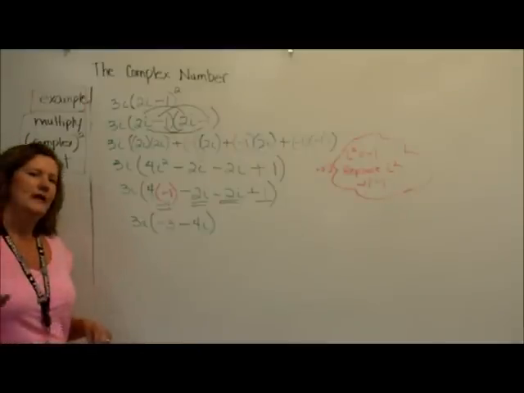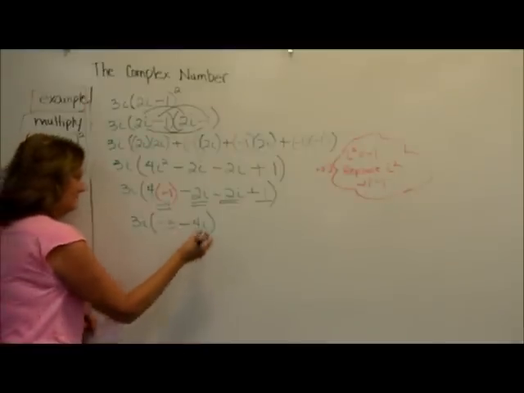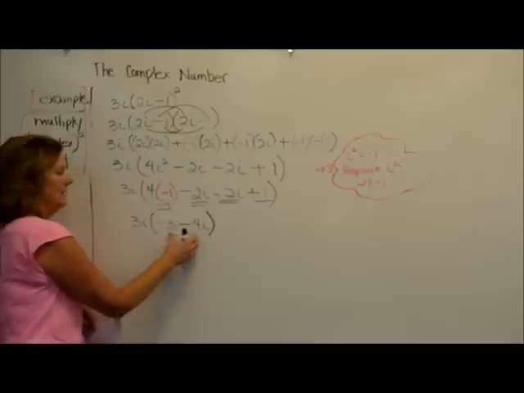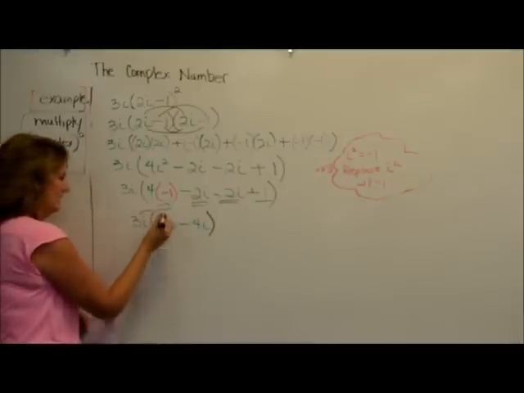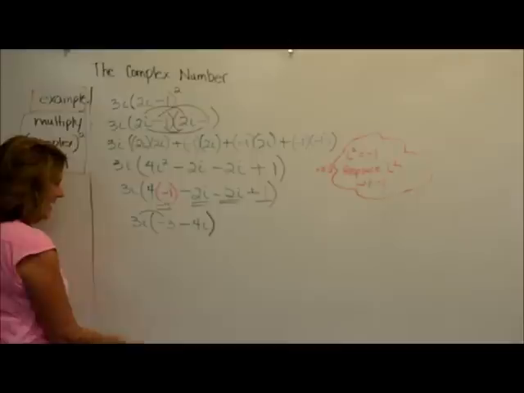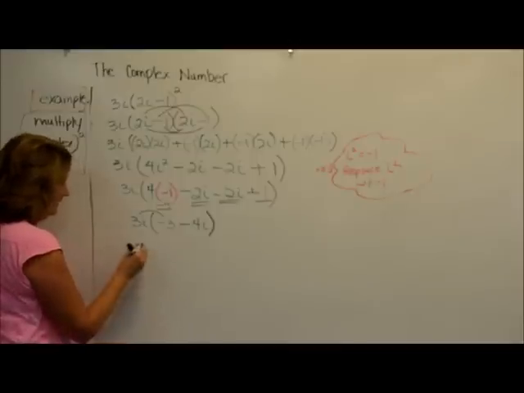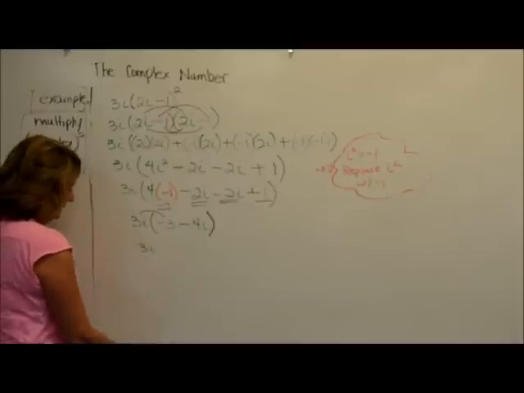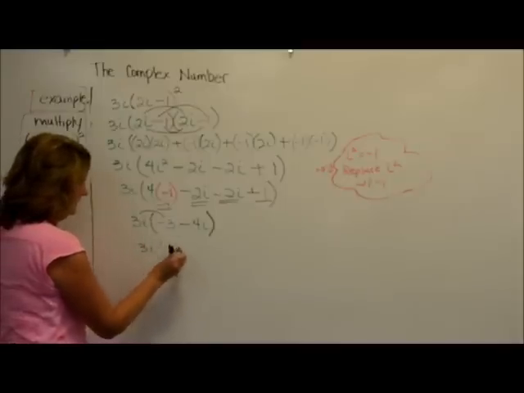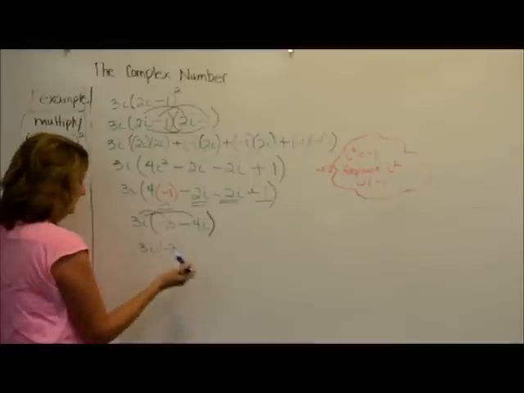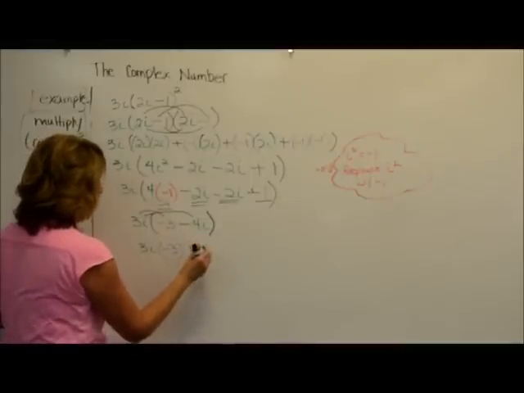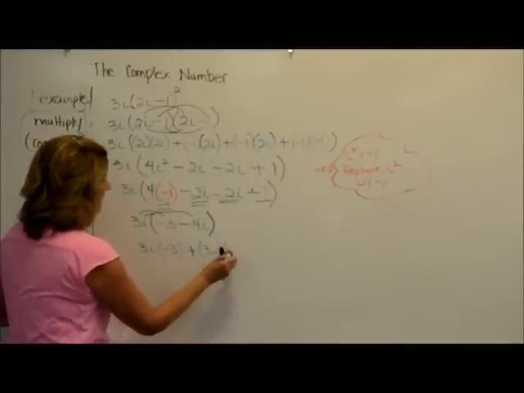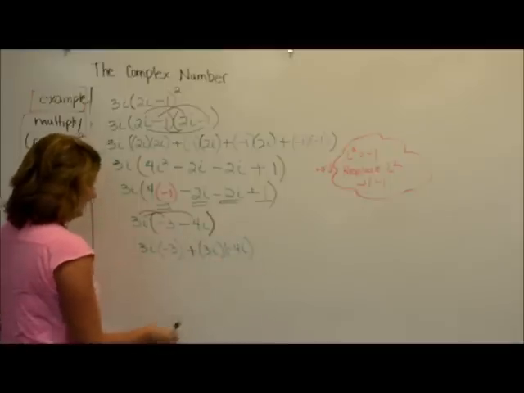All right, so now I'm left with just this, and I'm going to distribute in this 3i. So distributing, then I have 3i times negative 3, and I'm going to distribute over to that negative 4i. So I'll have plus 3i times negative 4i.